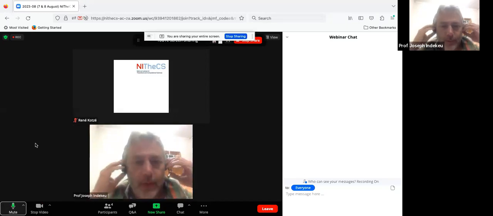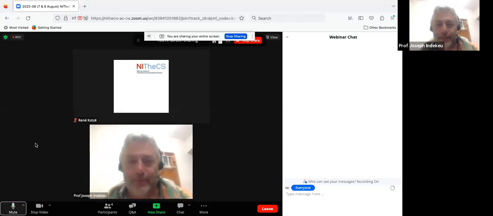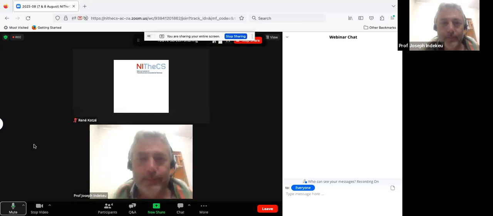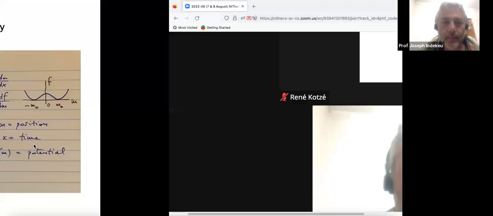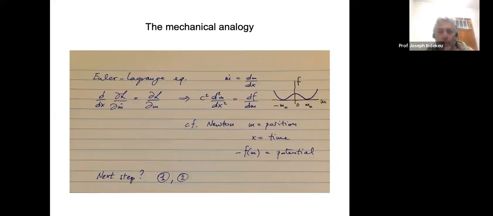Okay, we're continuing our exploration. So in this mechanical analogy, we can understand the problem as a problem of a particle moving on a double hill potential landscape.